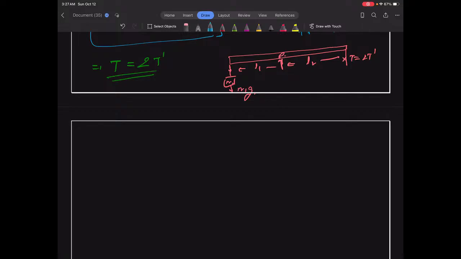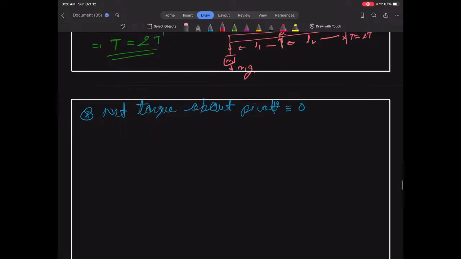So we can say that our net torque about the pivot should be equal to 0. And for that there are two forces.